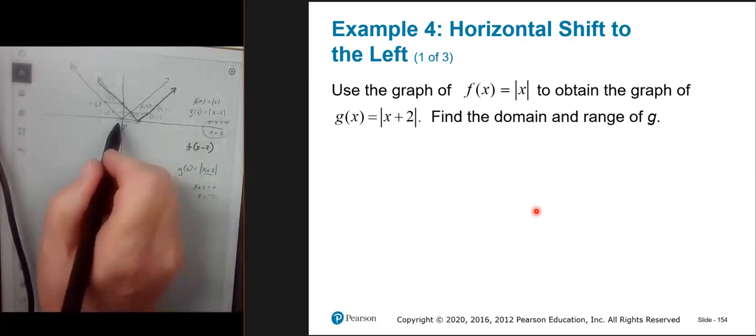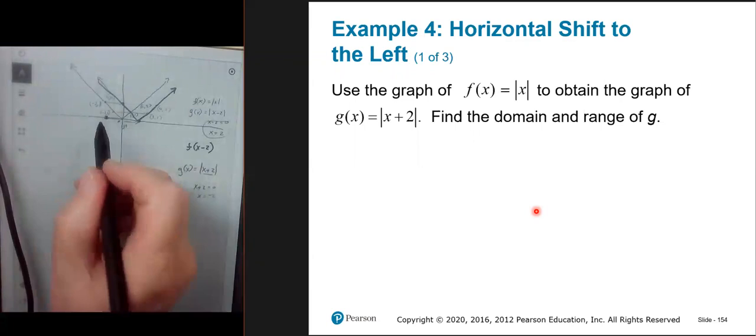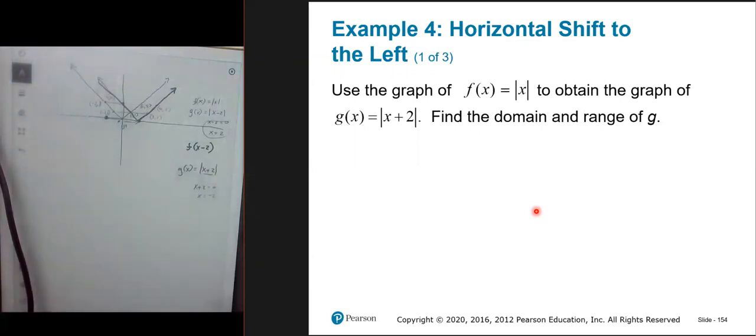So now I'm shifting this point here, because this is from the parent function. I'm shifting it to the left 2 units to here, because now negative 2 gives me 0 instead of 0 giving me 0.